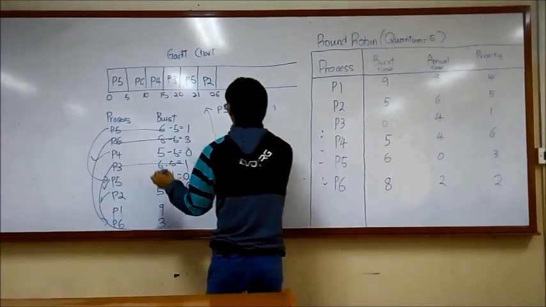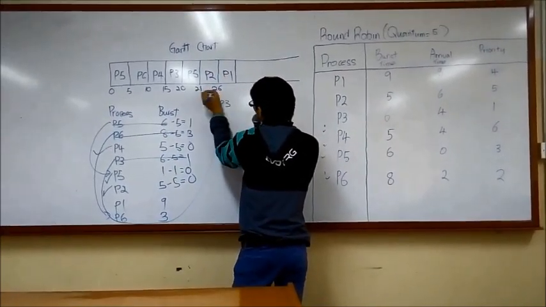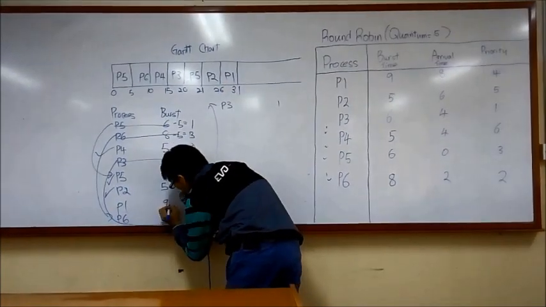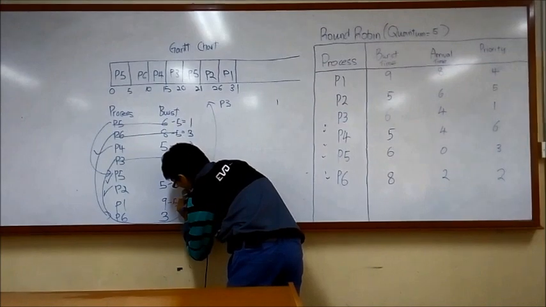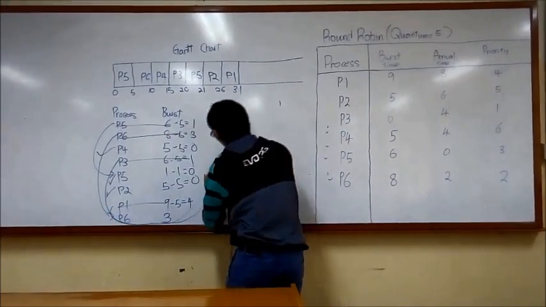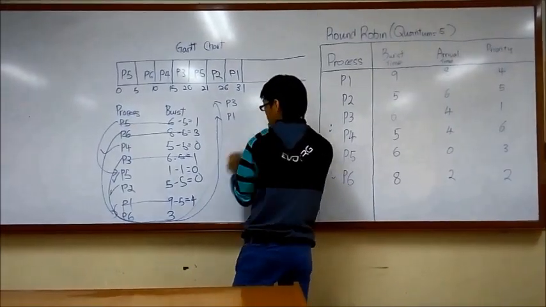We proceed to P1. The quantum is 5, so 26 plus 5 is 31. Here we minus 5 again, which leaves 4, and then cancel out and bring it to the bottom, so P1 burst time equals 4.